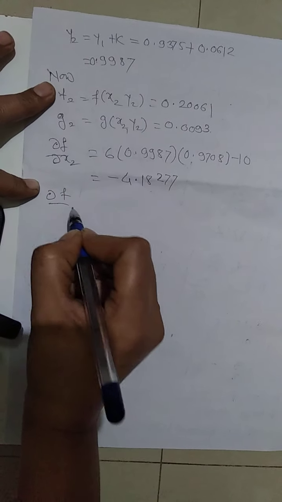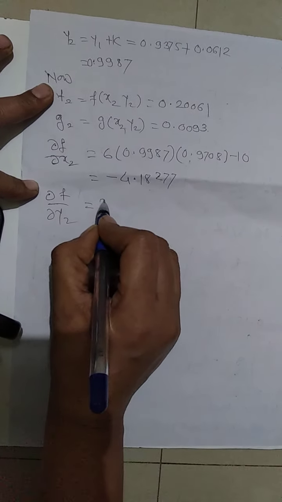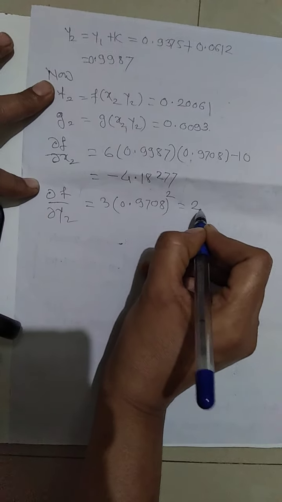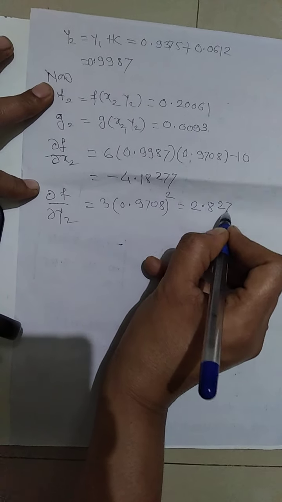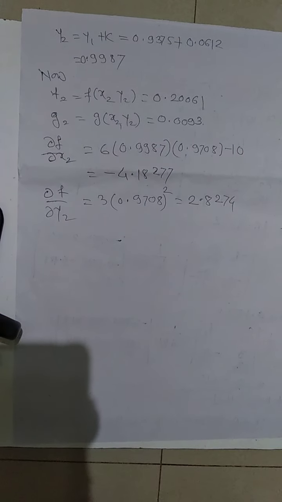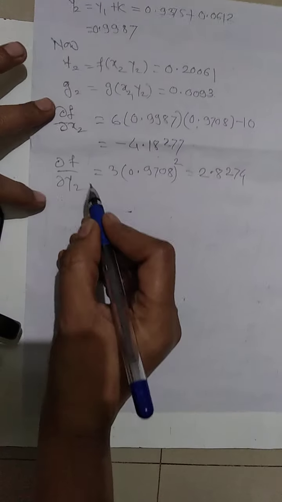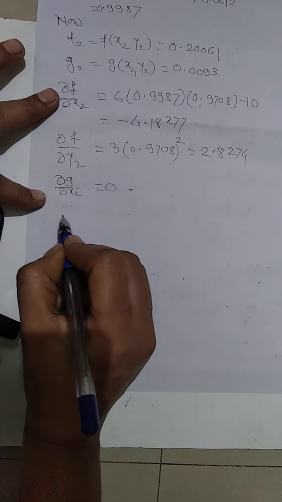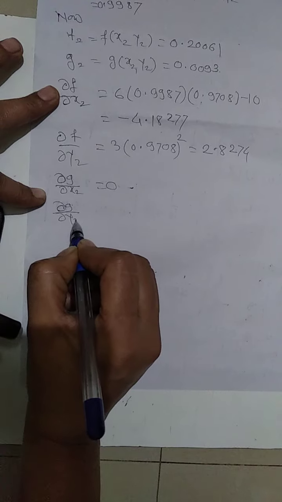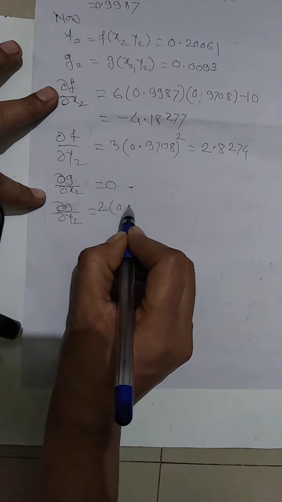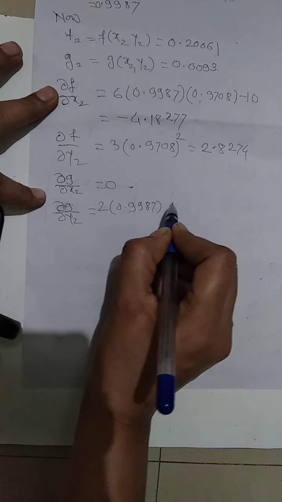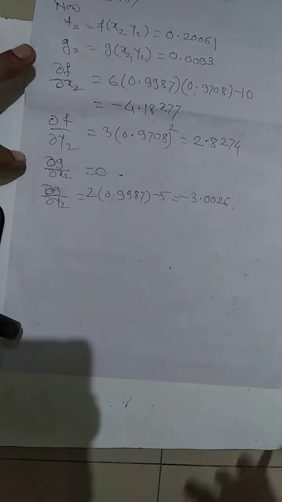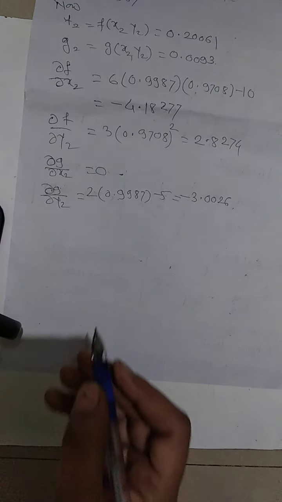And find del f upon del y2, 3 into 0.9708 whole square, and that is equal to 2.8274. Then find del g upon del x2, that is equal to 0. Then find del g upon del y2, that is equal to 2 into 0.9987 minus 5, that is equal to minus 3.0026. Again find the d.